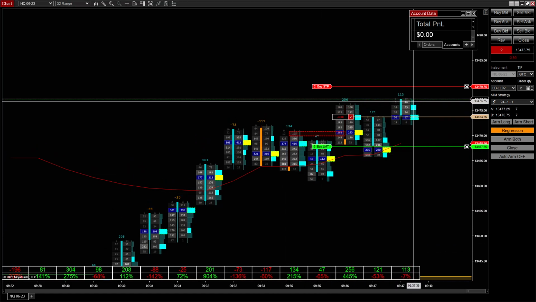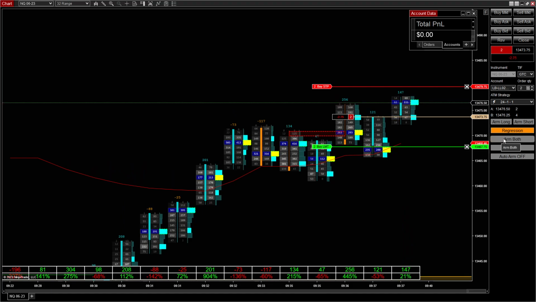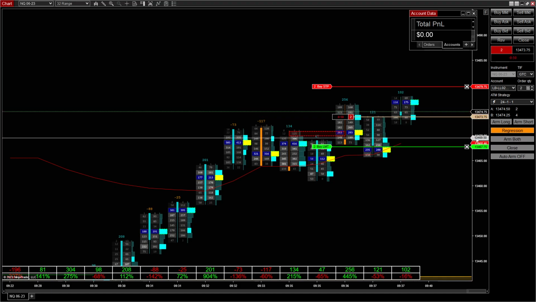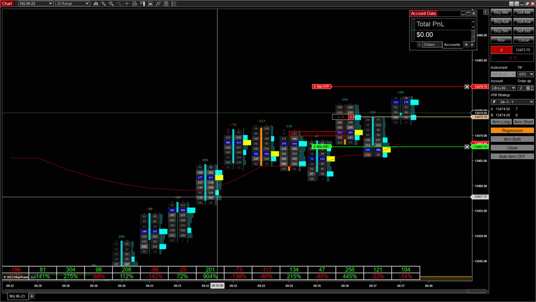But of course, right when I switch it to regression, we get a lot of buying, a lot of breakout, right? NQ's just choppy right now.